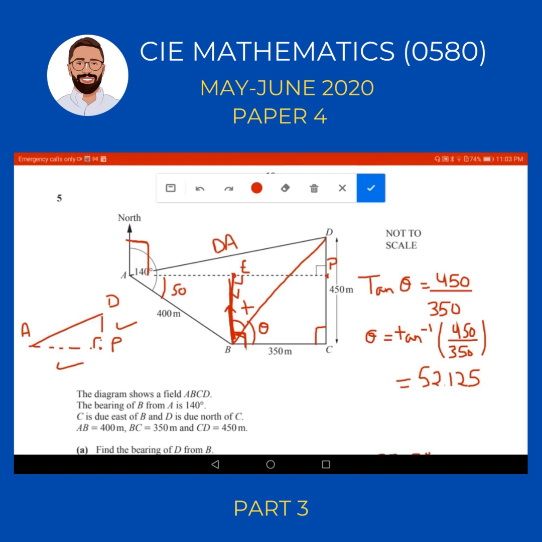Can I find the length of the line BE? Of course, yes, because this is a right angle again. I'm given the hypotenuse, which is 400, and I'm given an angle. So I can use sine 50 is equal to the opposite side, which is BE, over the hypotenuse, which is 400. So BE is sine 50 times 400.